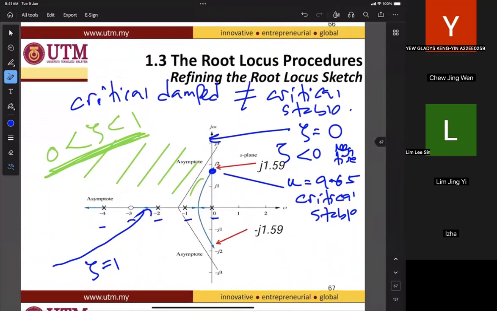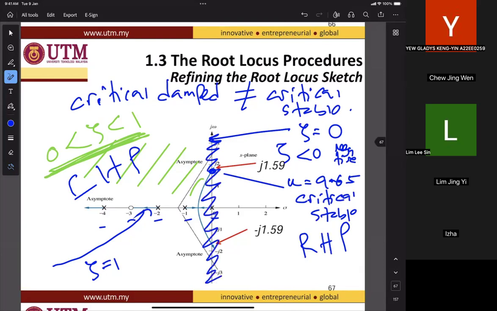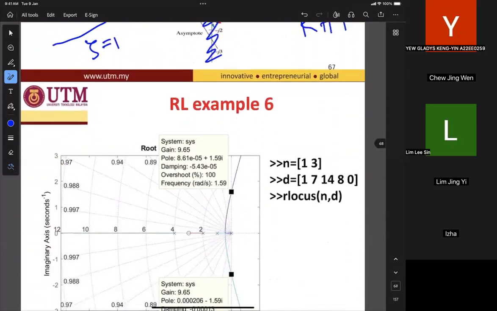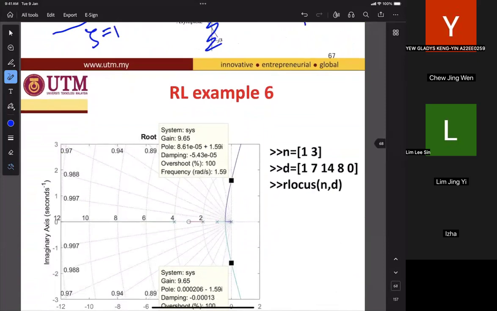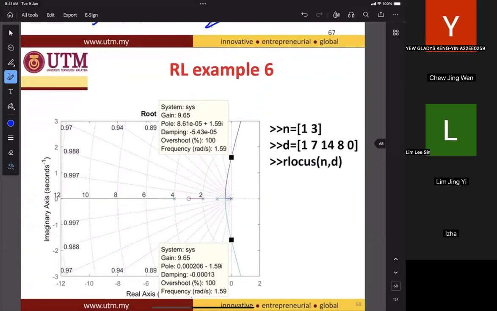I hope you understand the three areas: stable on the left half plane, unstable on the right half plane, and critical on the imaginary axis. So we simulate using computer.